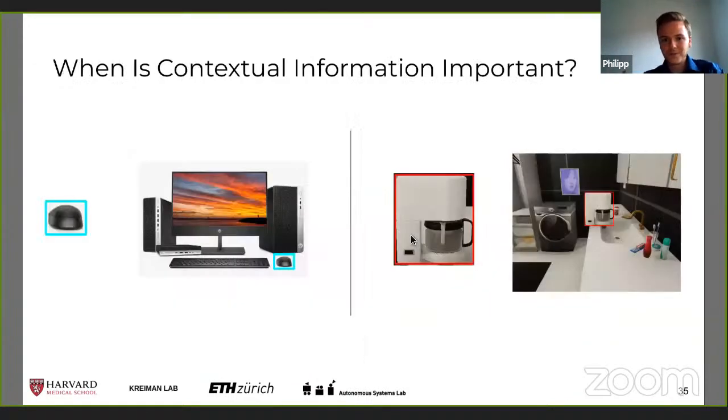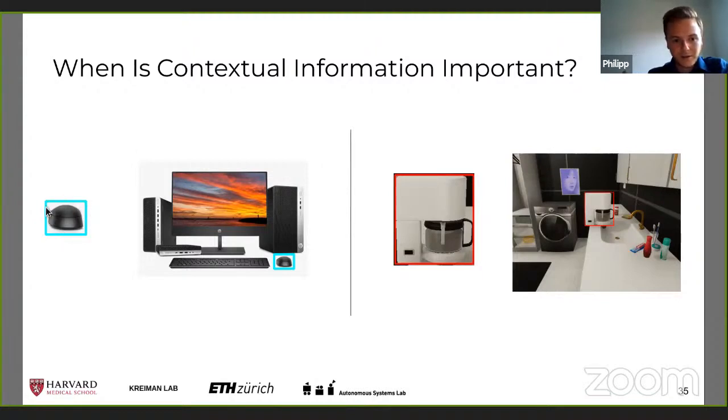To make this a bit more precise, the intuition that we have here, which is actually backed by some of the results from the neuroscience literature, as well as some of our own results, is that contextual information is especially useful if the target object features alone are not sufficient. So if there is still quite a lot of uncertainty or ambiguity.